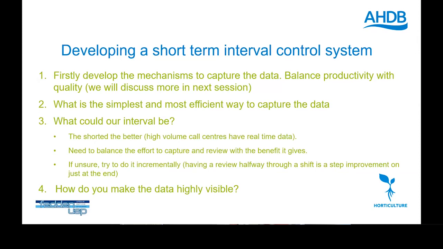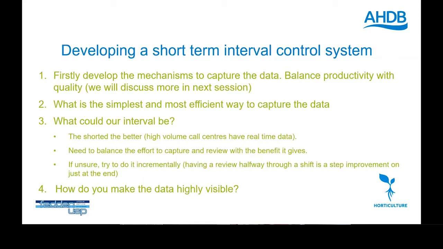I'd encourage you to think about the simplest way of capturing the data if you don't have those electronic methods. I showed you things like tally sheets last time, a very simple thing where you just get people to tick off how they're getting on and do simple counts. Look at how you can have things visually, where you can just see how things are progressing. All of those types of things is just trying to keep it simple.